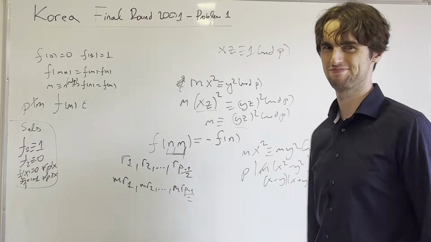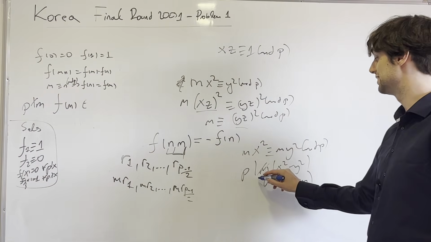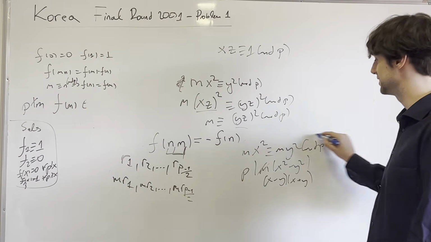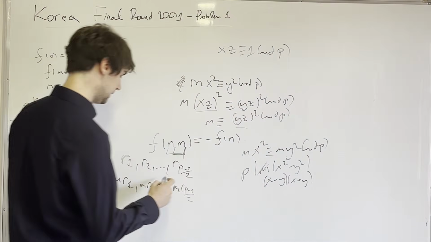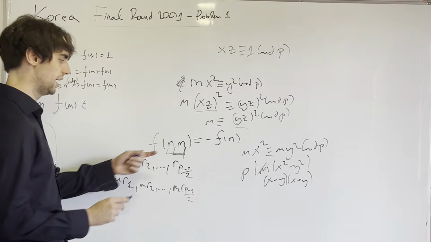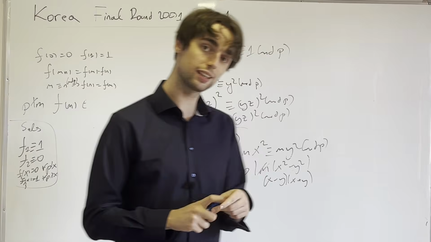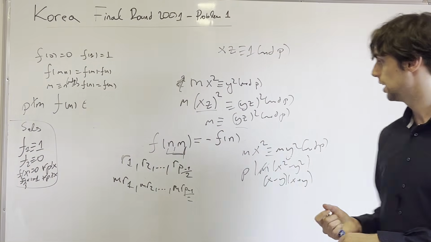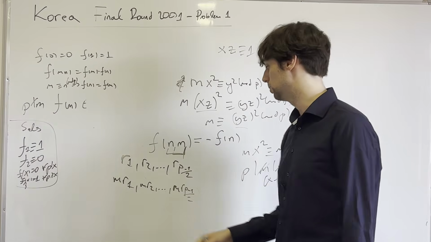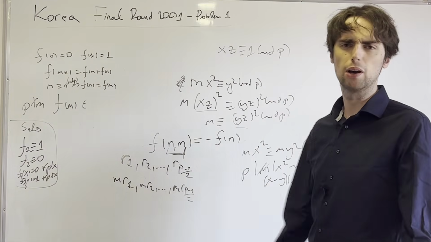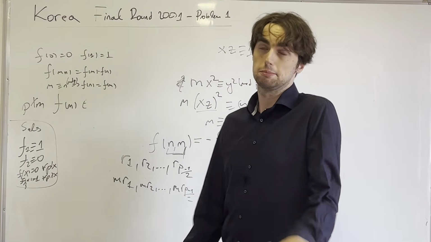So close. So p does not divide this, and so there do not exist x and y such that this is the case. In other words, once I multiply m with all the quadratic residues, I'm going to get all the quadratic non-residues. So these are, I don't know how to label them, say.